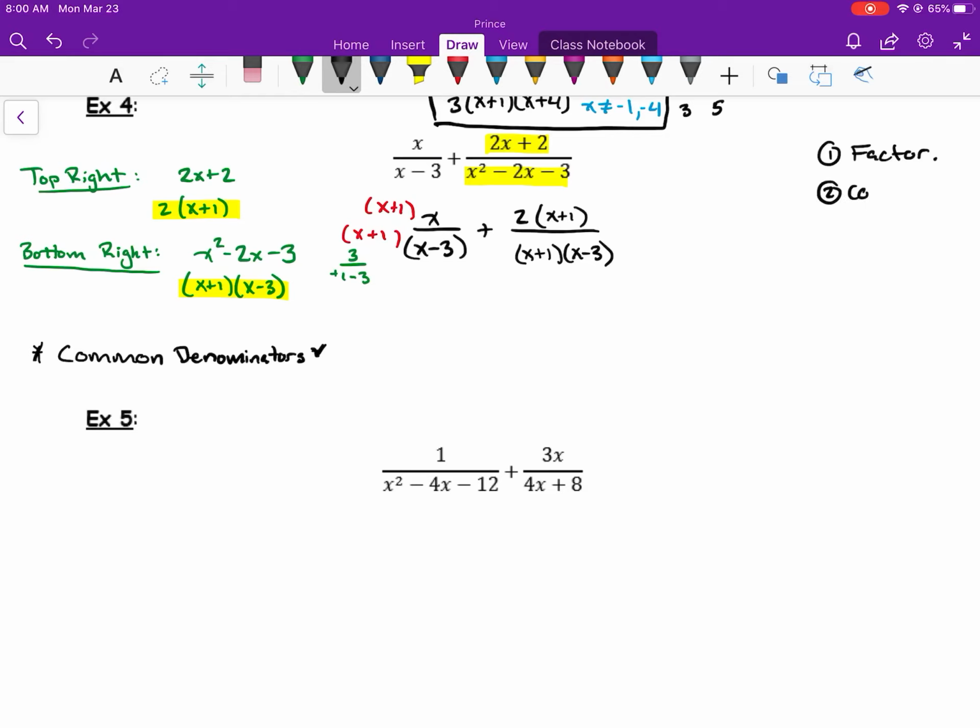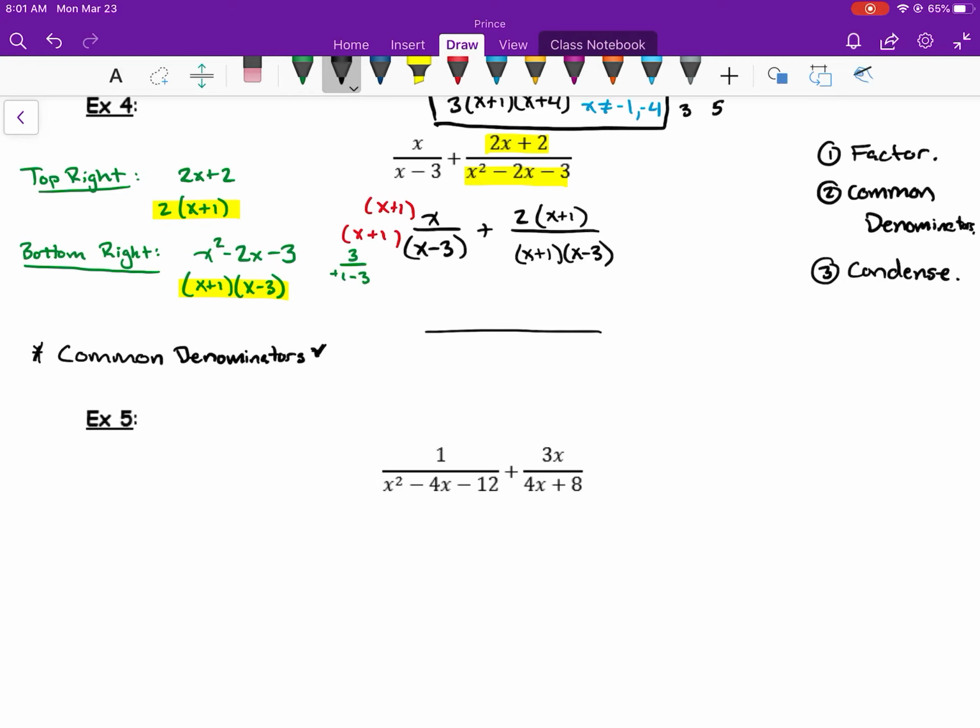Alright, so step 2, common denominators. Alright, so after that's done, now we can condense the fraction.